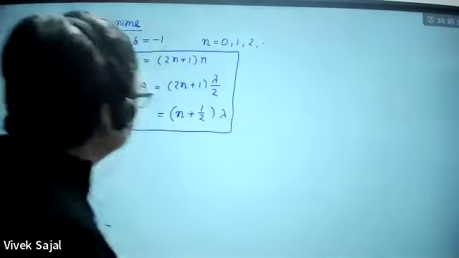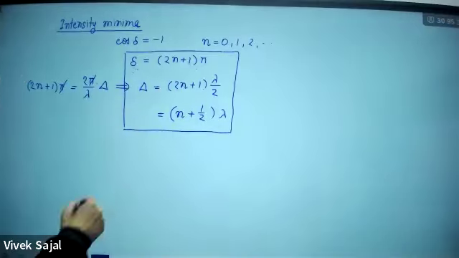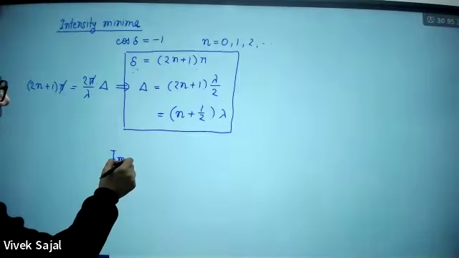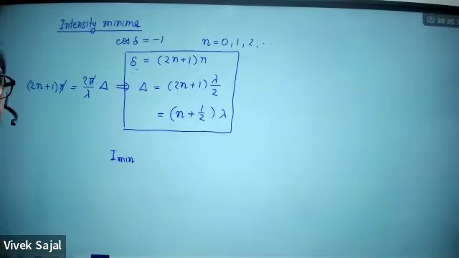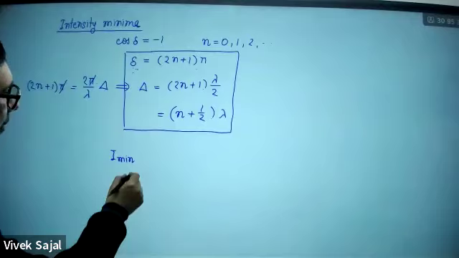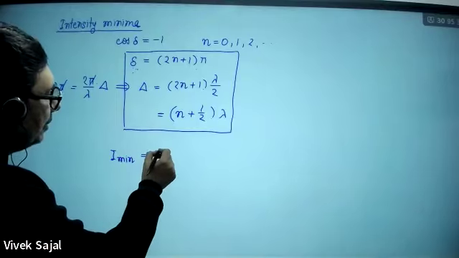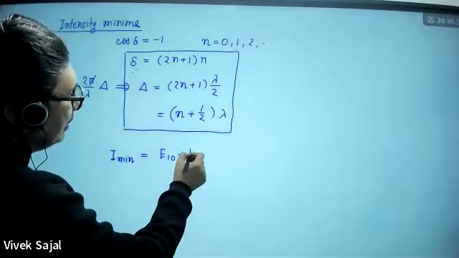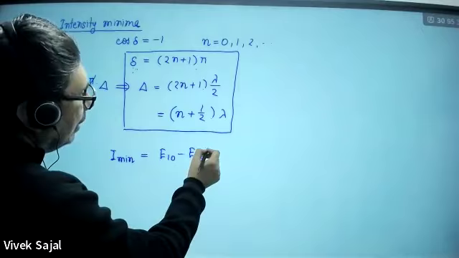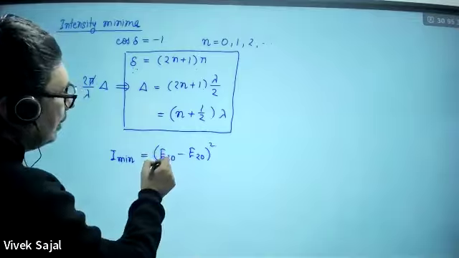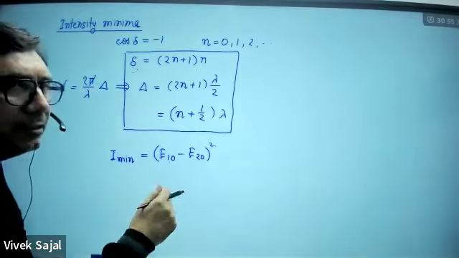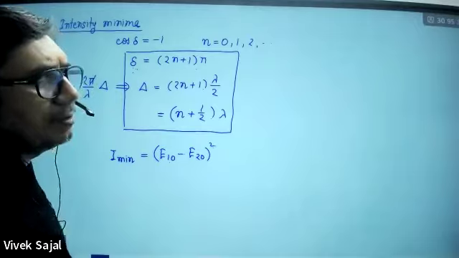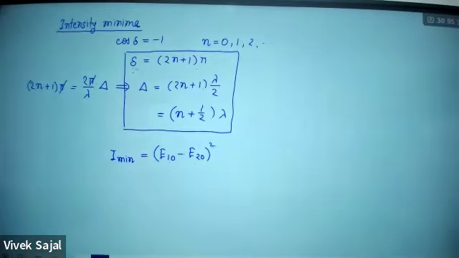Now come here. What will be I minimum? If you place cos delta equal to 1, then this will be (E10 minus E20) whole squared. Either E10 is greater or E20 is greater, it doesn't matter here because the square will be there.